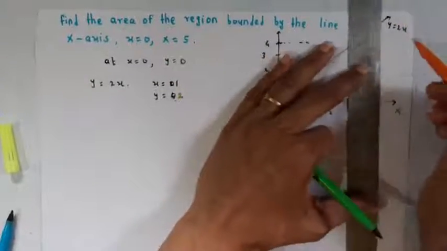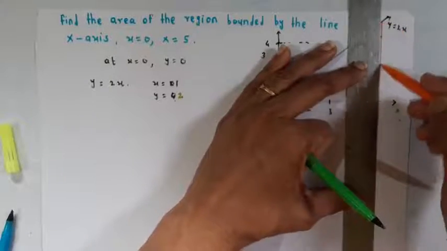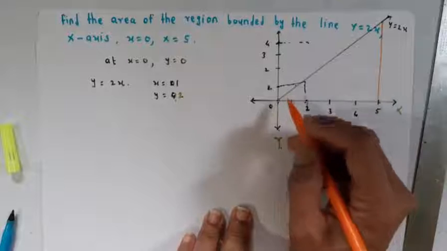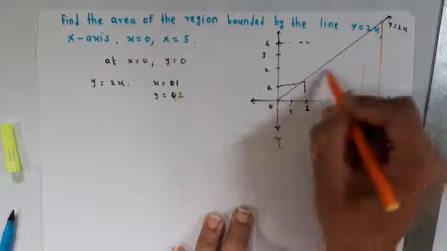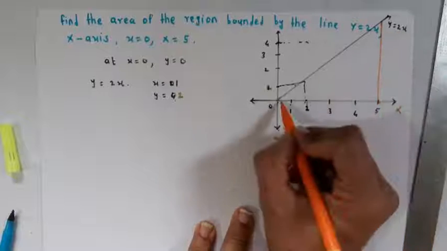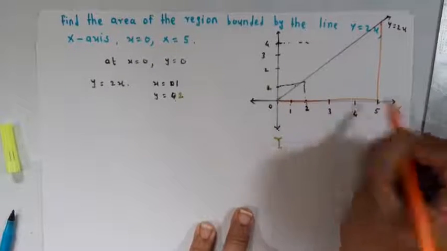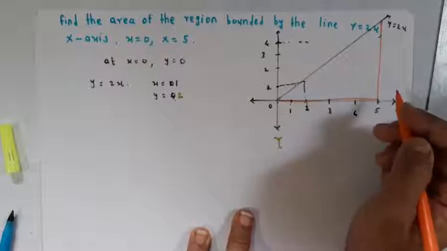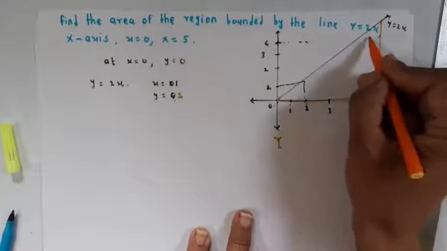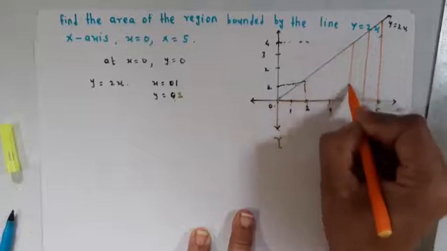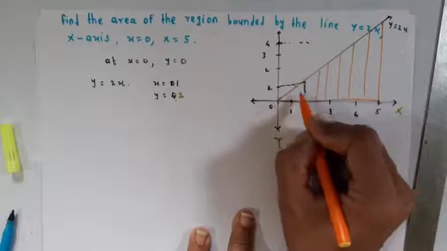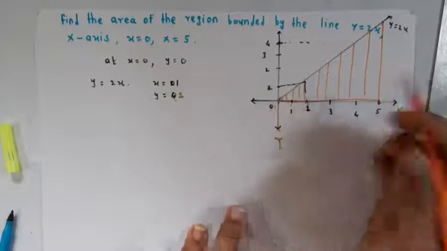This area from 0 to 5 is bounded by the line y equal to 2x, the x-axis, then x equal to 0 and x equal to 5. This much area we have to find out.